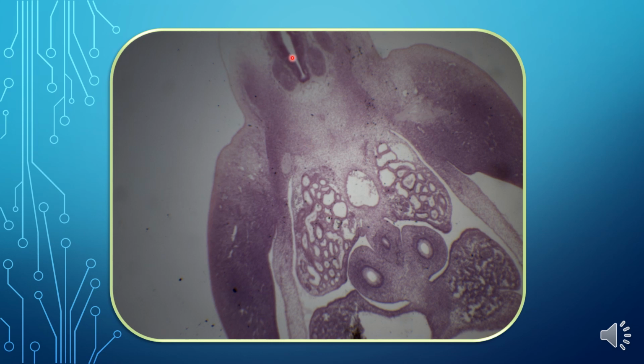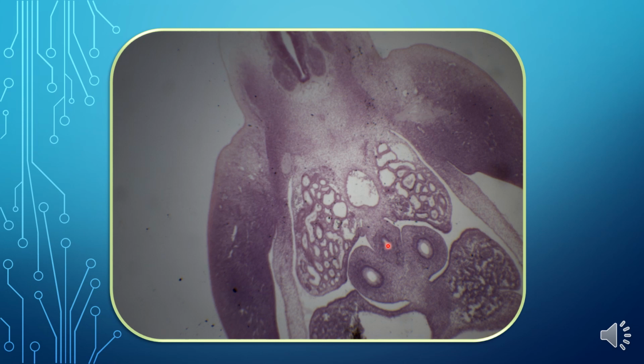Neural tube, ventral to it the notochord, ventral to it the single dorsal aorta, and this is the renal system formation. Ventral to the dorsal aorta is the gut tube.